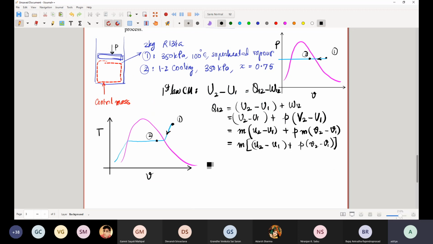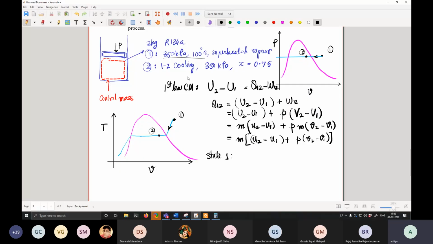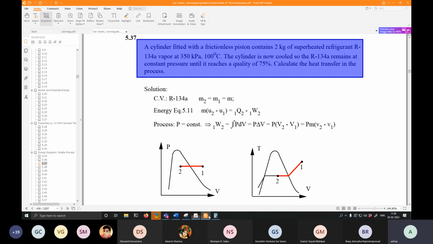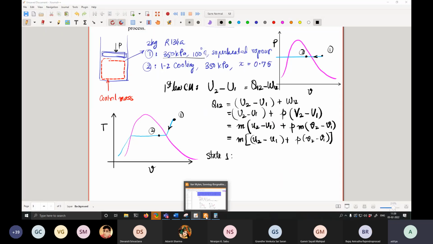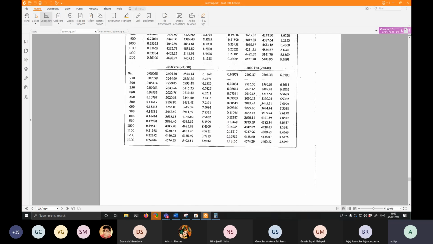So let us see state 1: 350 kilopascal, 100 degrees Celsius. We need to go to Sontag, and to which table? R134A, right?